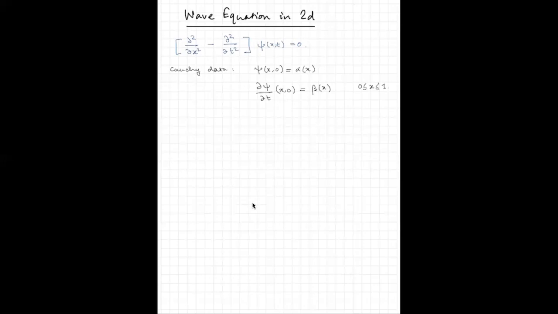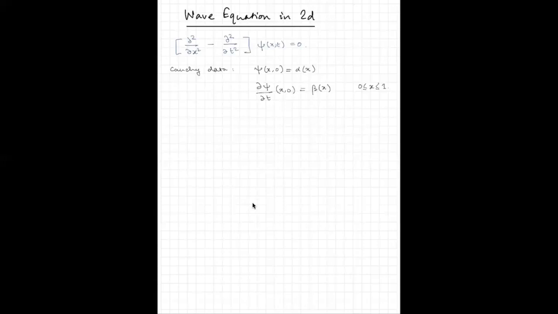Now, what we shall show is that this uniquely determines the solution in this domain of the xt plane. And we shall also determine what this unique solution is, okay?